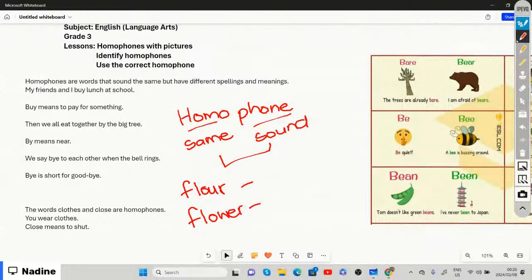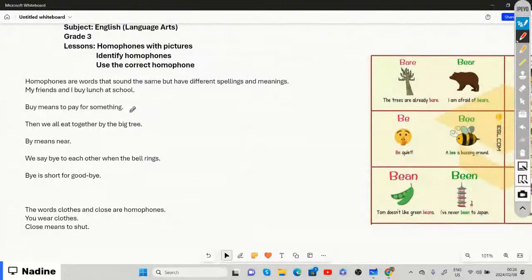Okay, roses are flowers, beautiful different colored flowers that you find maybe in your garden. And then flu, that is correct. So once again, these are homophones, right? And I even showed you pictures of homophones. And once again, homophones are words that sound the same, but they have different spellings and different meanings.